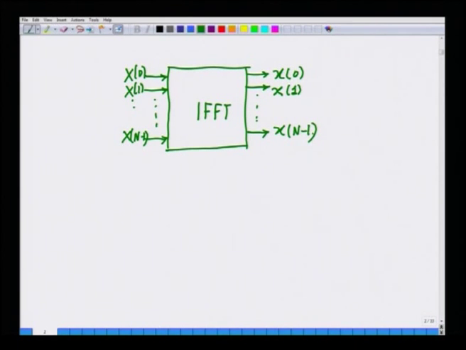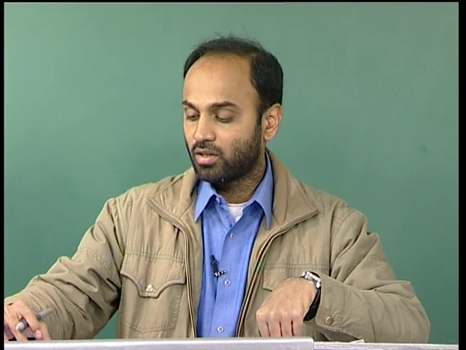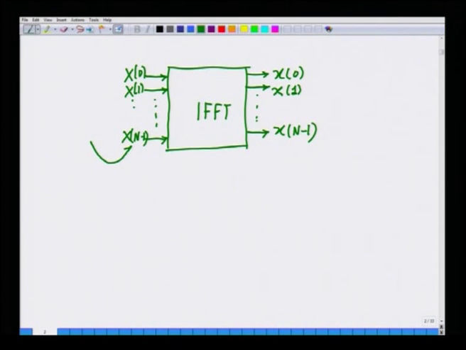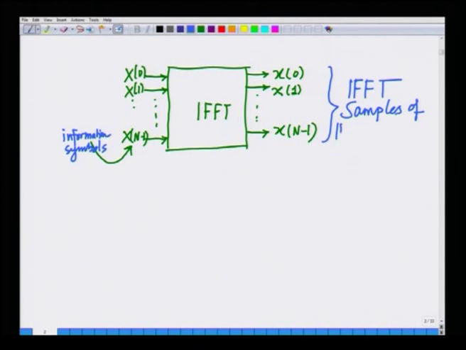So, we are taking these capital X's, which are loaded onto the subcarriers, and forming these IFFT samples. These are the information symbols, and these are the IFFT samples of the information symbols.